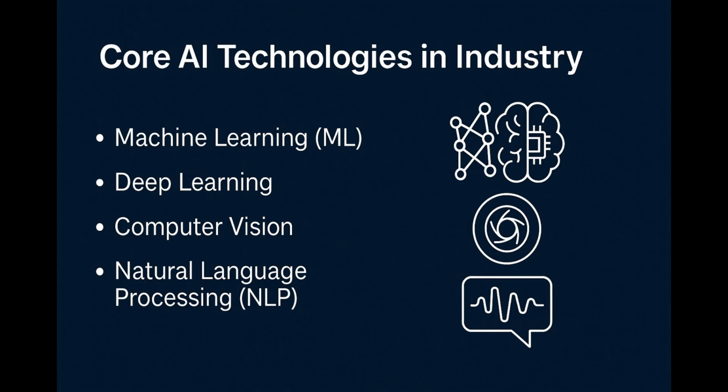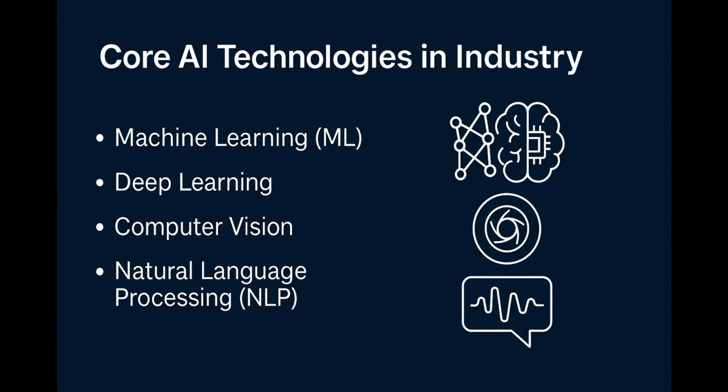With the help of cameras and AI models, it allows machines to see and interpret visual information, making it ideal for defect detection, quality inspection, and safety monitoring. Next is natural language processing, or NLP. This helps machines understand and generate human language. In industry, it's used in report generation, intelligent diagnostics, and even voice-activated interfaces.